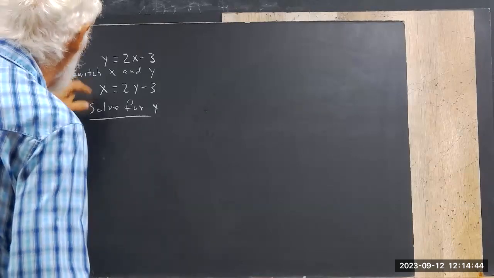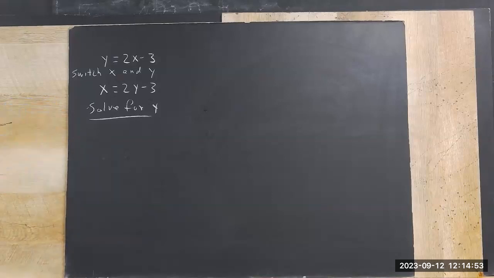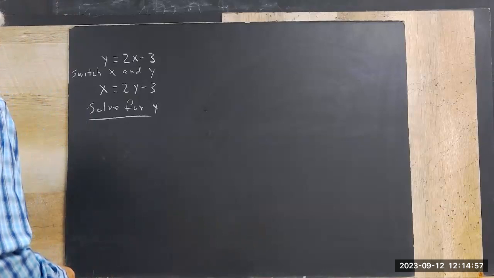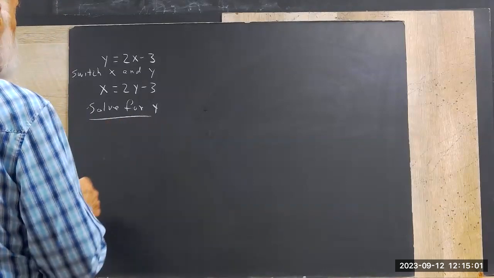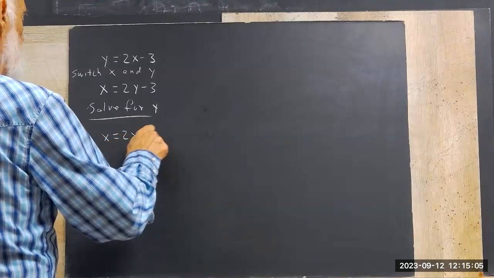Okay. Nobody solved this correctly. And you really need to review solving linear equations. And I'll give you a note and a reference on that. Okay, so we solve for y. So again, we start with x equals 2y minus 3.